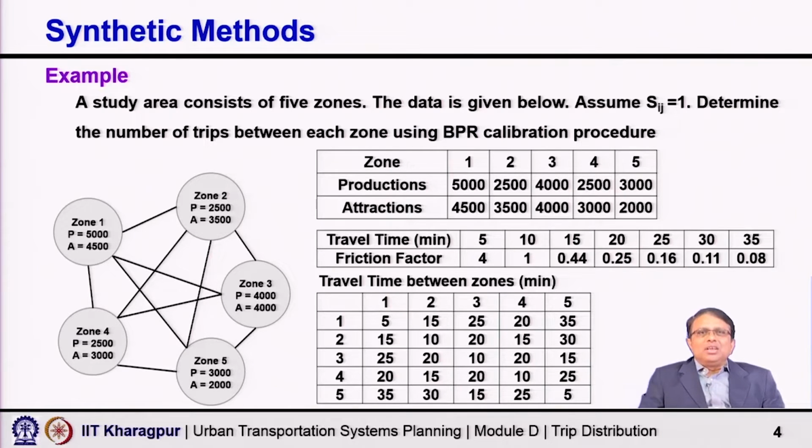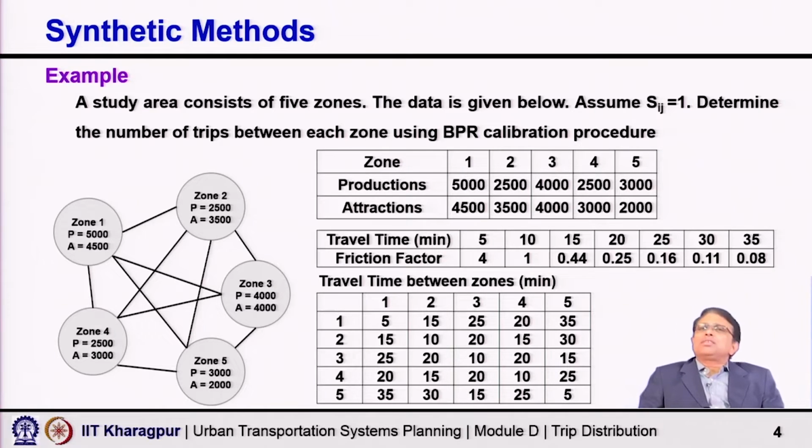You can see the discrete travel time values: 5, 10, 15, 20, 25, 30 up to 35. Finally, for each of these travel time values, I need to find out the corresponding Fij value. That is my objective, that is the calibration we want to do.